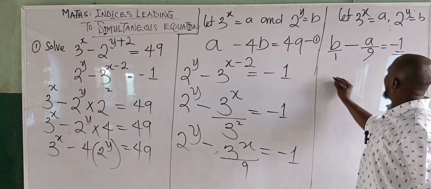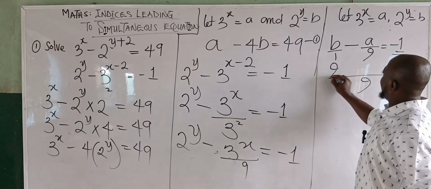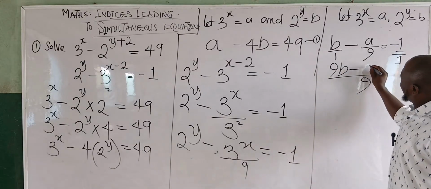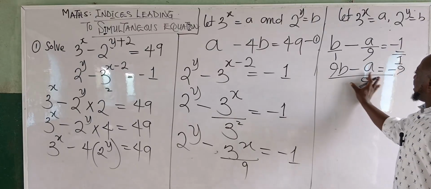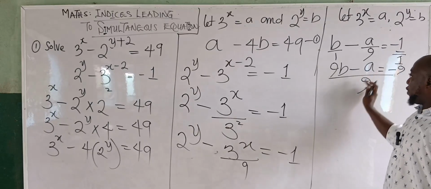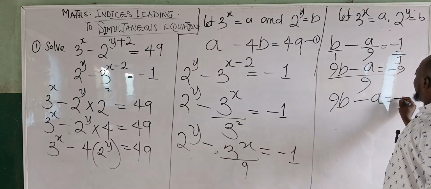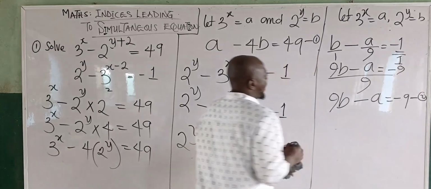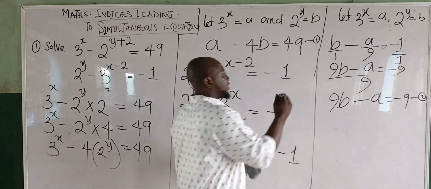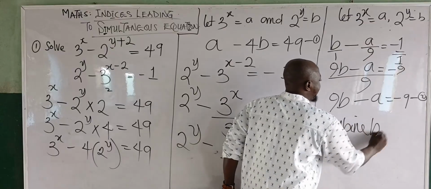If I have 9 as my LCM here, this one will give us 9b minus a, then this will give us minus 9. So I don't need this denominator again because of this equal to. So what do I do now? I'll take 9b minus a to give us minus 9 as my equation 2. So from here, we have a and b. Now watch this. We want to combine both equations.